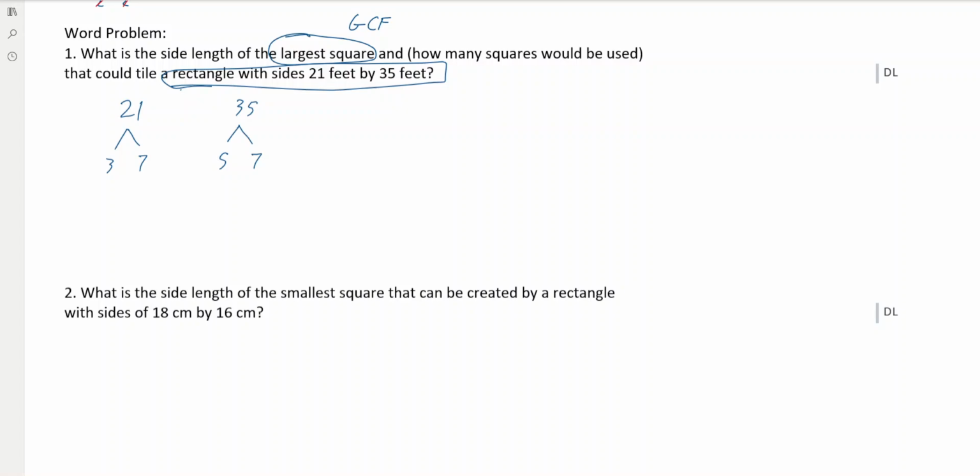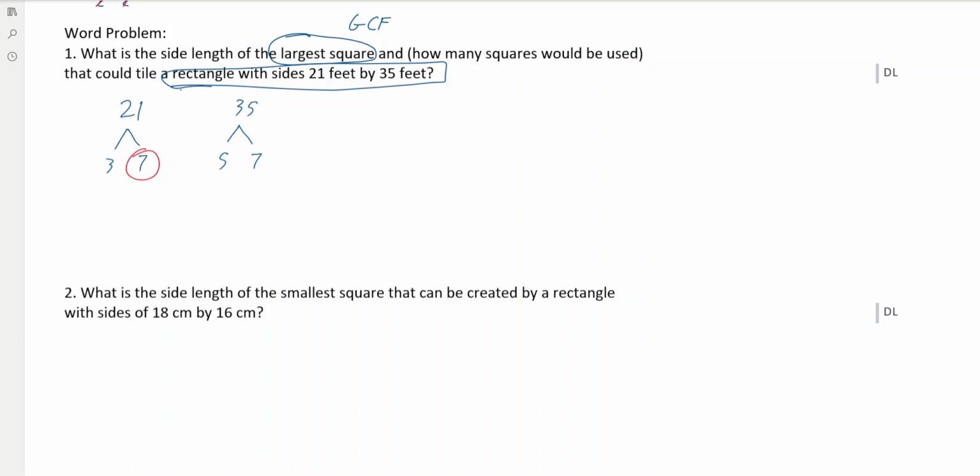Okay, now because it's a GCF, what that means is we're going to use the 7. Oh, we're tiling inside. Sorry, I read that wrong. Side length of the largest square that could tile inside a rectangle with this much. It doesn't say the word inside, but okay.